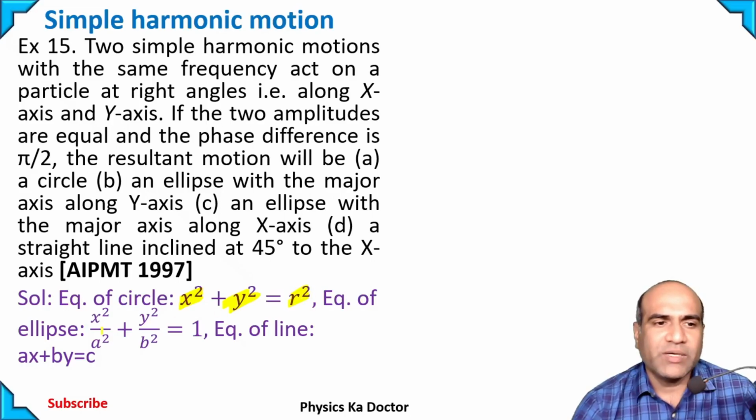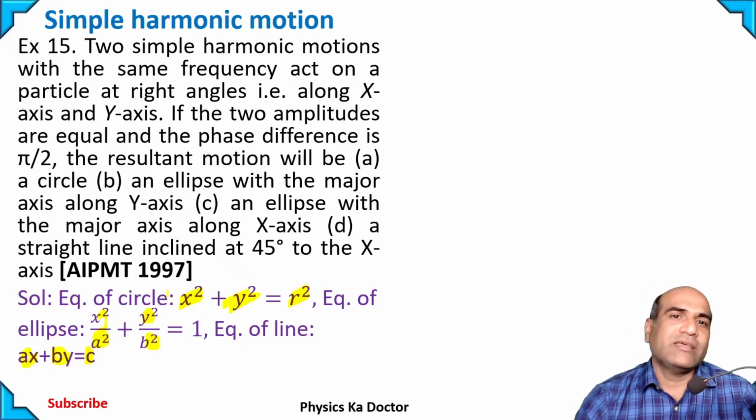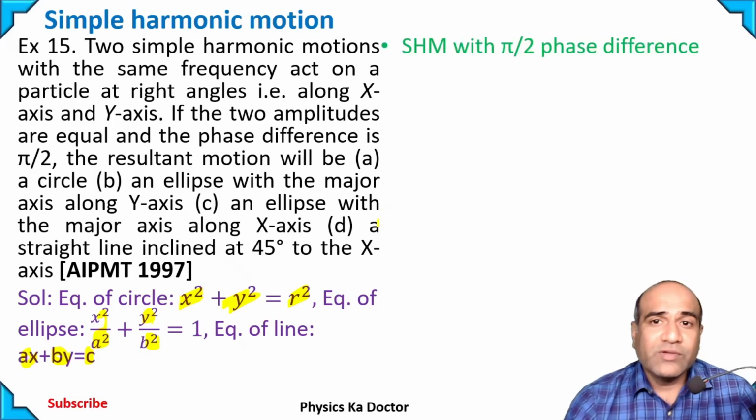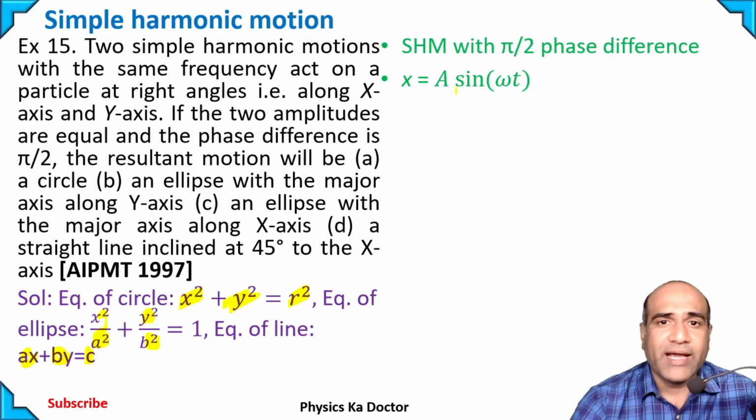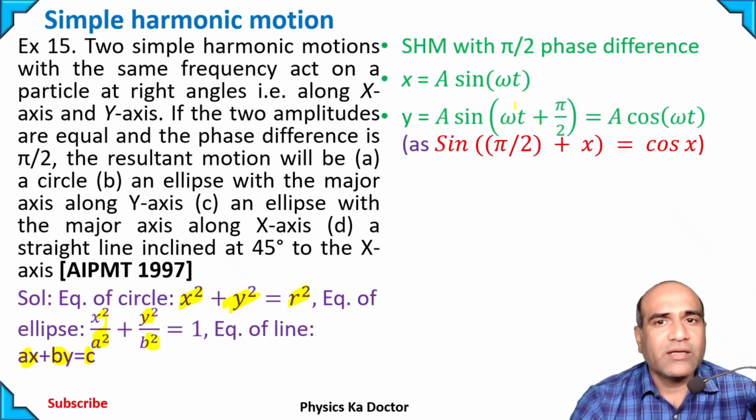Equation of an ellipse: x square by a square plus y square by b square equal to 1. Equation of a line: ax plus by plus c. Now, simple harmonic motion with pi by 2 phase difference becomes x equal to a sin omega t and y equal to a sin omega t plus pi by 2.